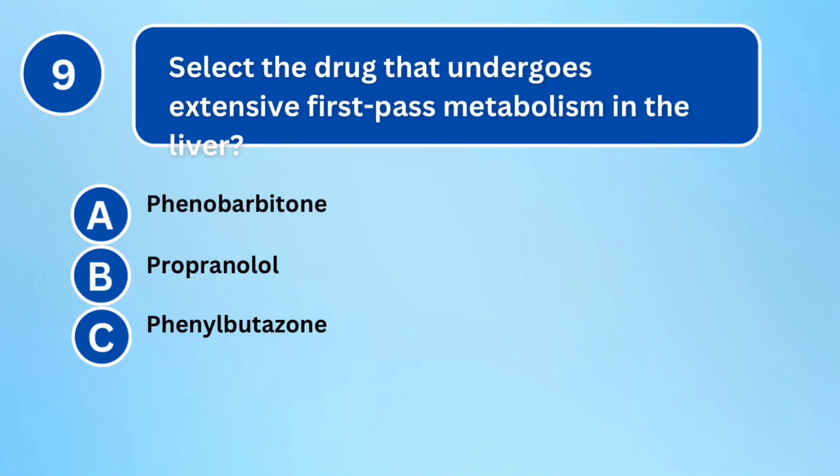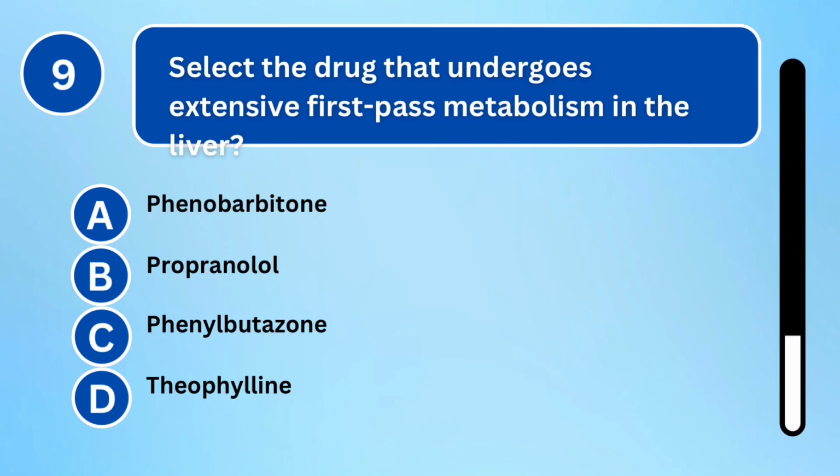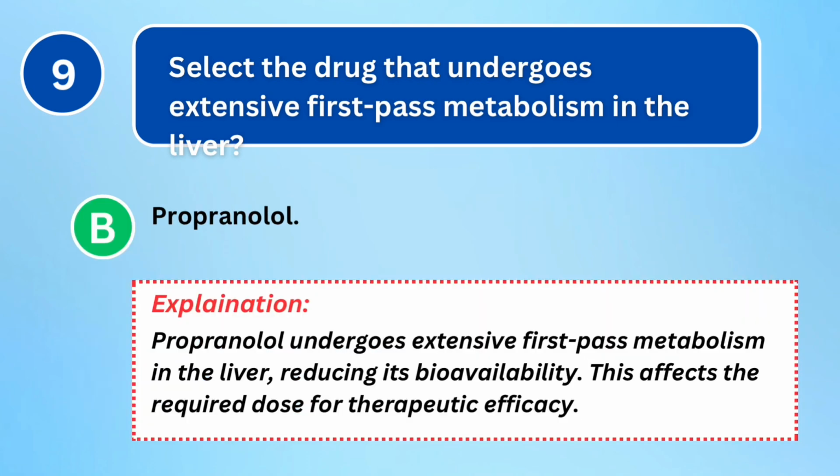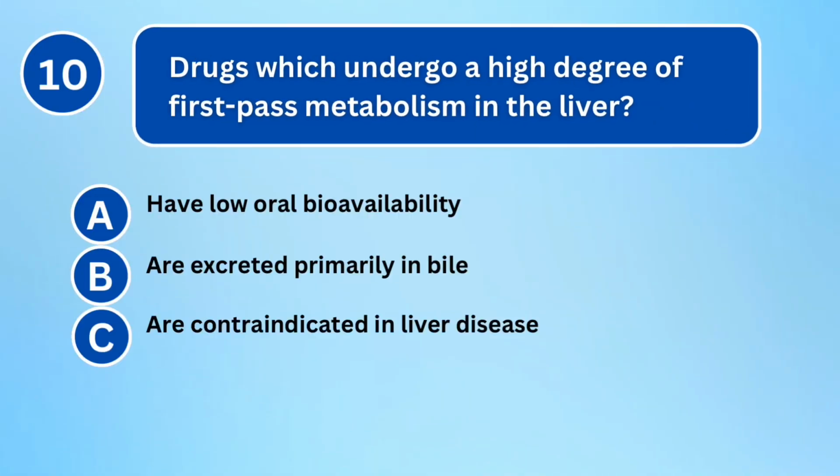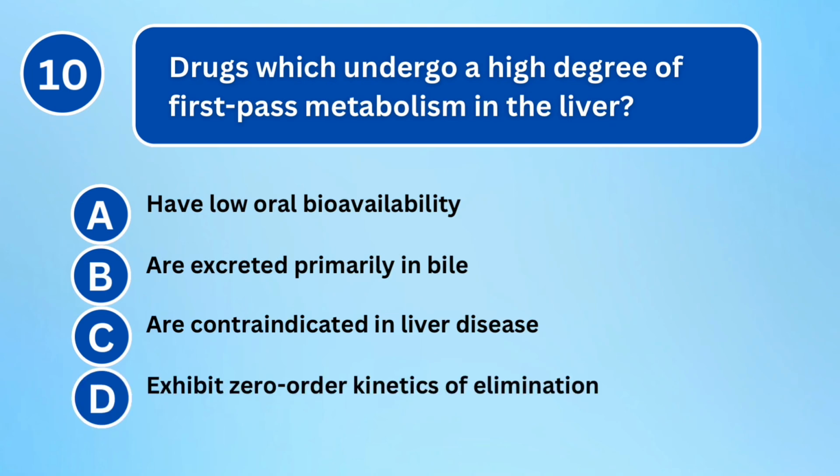Select the drug that undergoes extensive first-pass metabolism in the liver. A. Phenobarbital. B. Propranolol. C. Phenylbutazone. D. Theophylline. Correct answer, B. Propranolol. Drugs which undergo a high degree of first-pass metabolism in the liver.